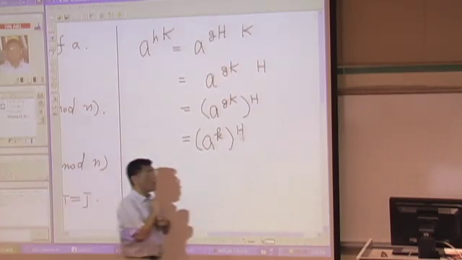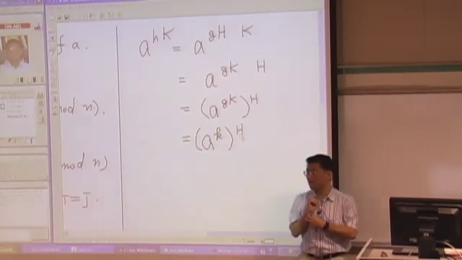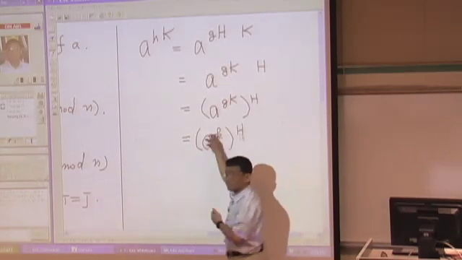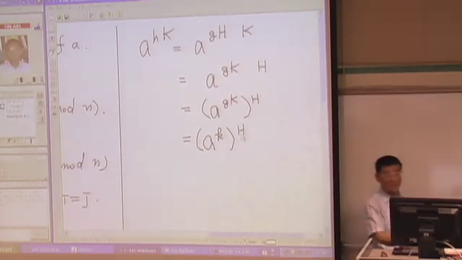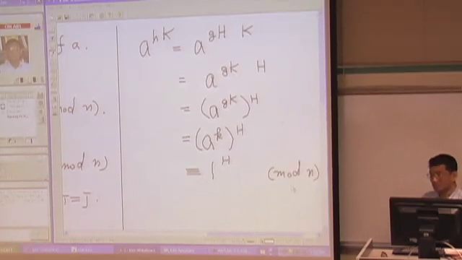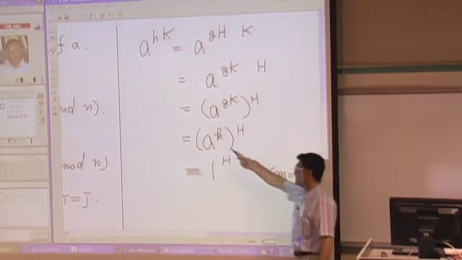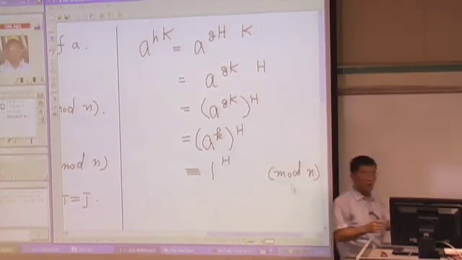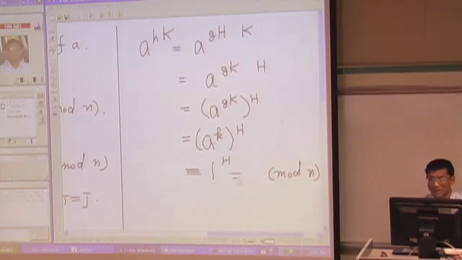Now, the order of a is what? By the given initial condition, the order of a is lowercase k. So, by definition, this is congruent to 1 mod n, right? This is the order. And if you multiply 1 h times, it's still 1, right?